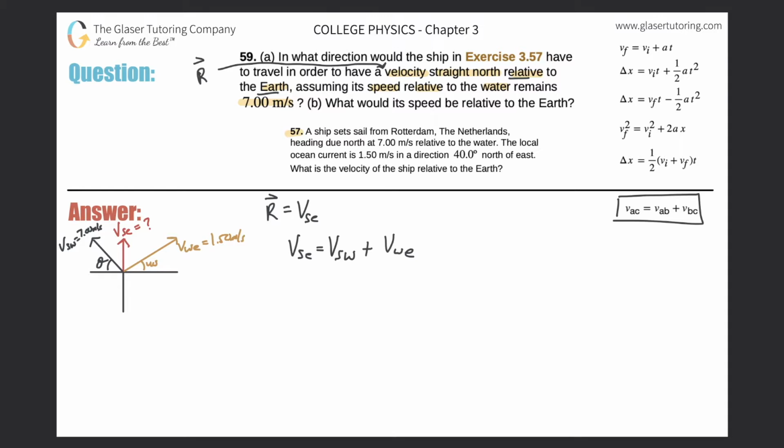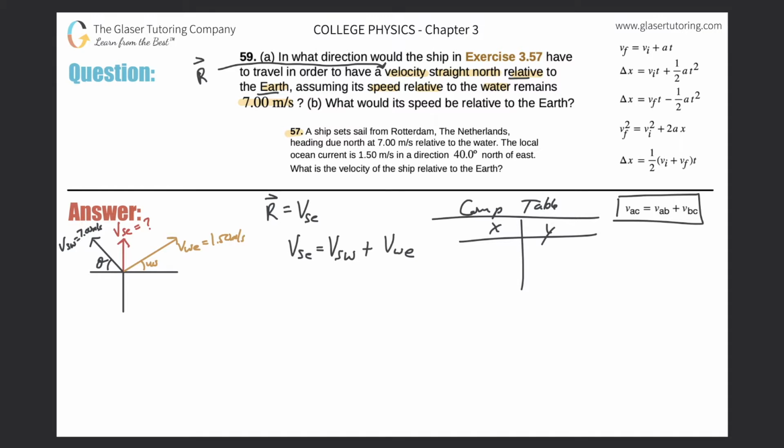Now we realize that in order to find this resultant velocity, it's simply the summation of two component velocities, right? Once I know that, I'm going to set up my component table. Simply, this is just a table that shows the x and y components of all of the vectors.